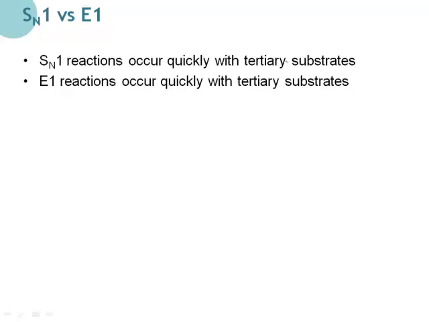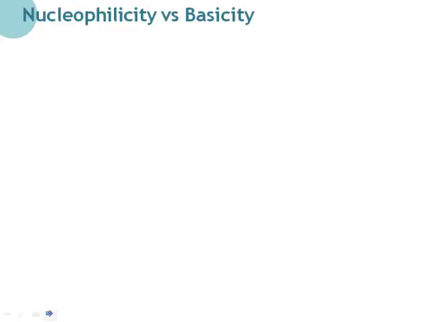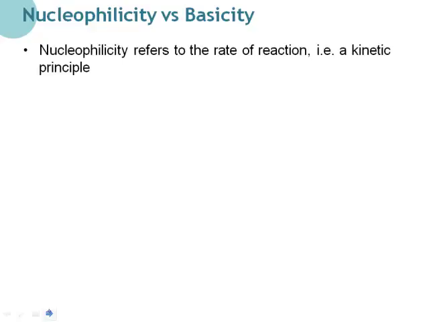And the answer is, instead of differentiating the substrate, we can differentiate the nucleophile or base that we add. So how can we change something from being a nucleophile to being a base? Well, nucleophilicity refers to the rate of the reaction, so it's completely a kinetic principle.